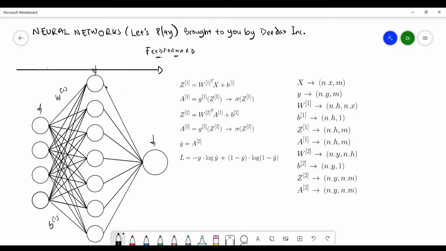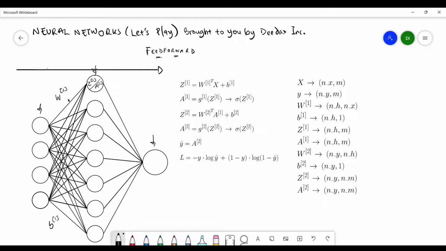The sum of this gives rise to Z1, which lives right here. Z1 passes through an activation function that gives us A1. The ones inside of these things just signify that they all belong in the first layer.